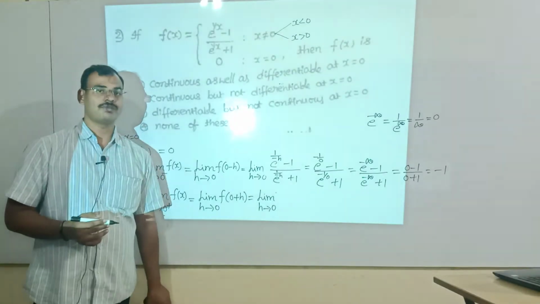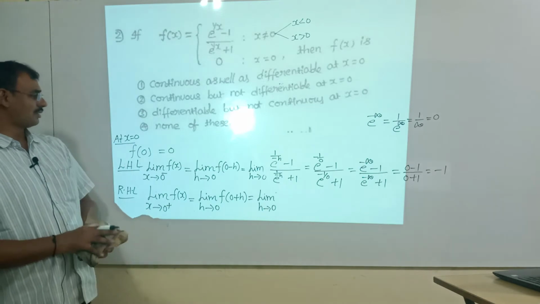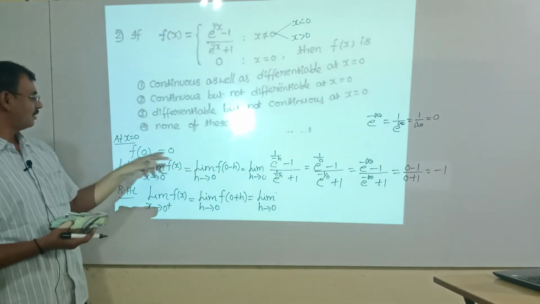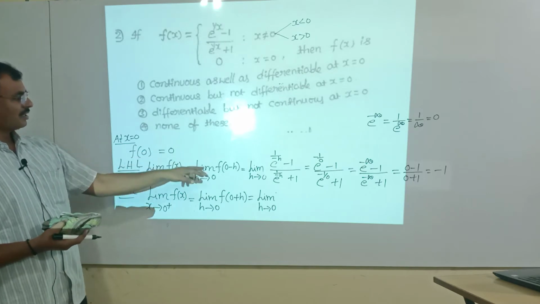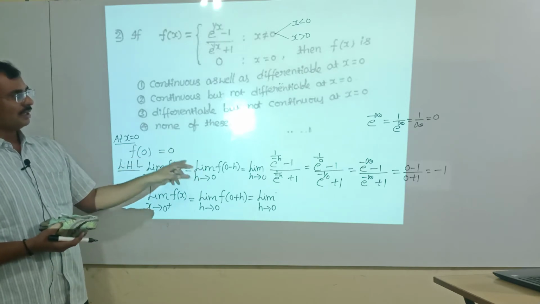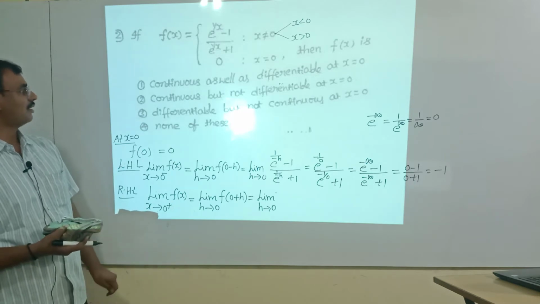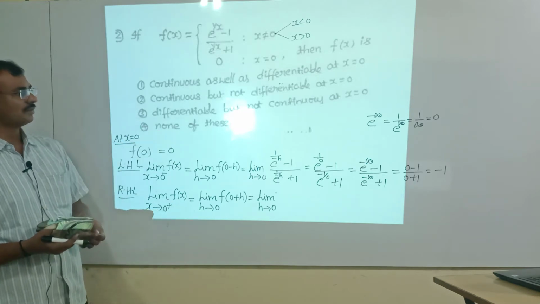So we have left hand limit is equal to minus 1. No need to find the right hand limit also. Left hand limit exists. f of 0, observe these two. Is it continuous? No, here not satisfied. It is not continuous.